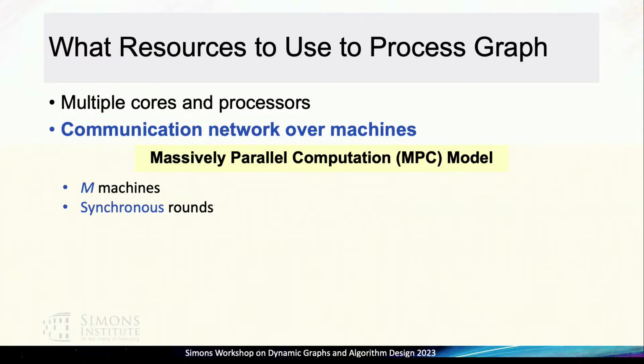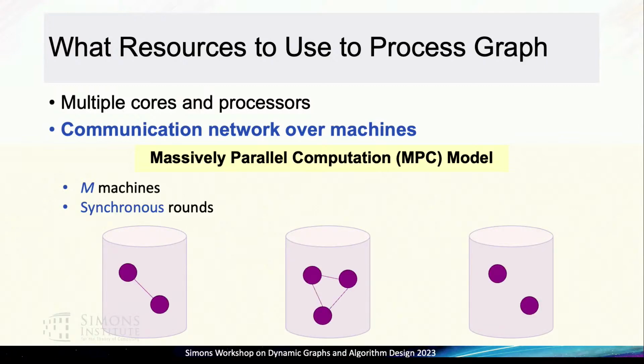Google is one of these companies that heavily pushes this model. And this model consists of M machines, which talk to each other via synchronous rounds. So here are your M machines, and your graph is partitioned across these machines. Specifically, the edges of your graph are partitioned across these machines.